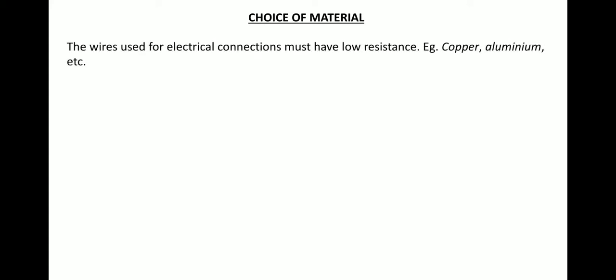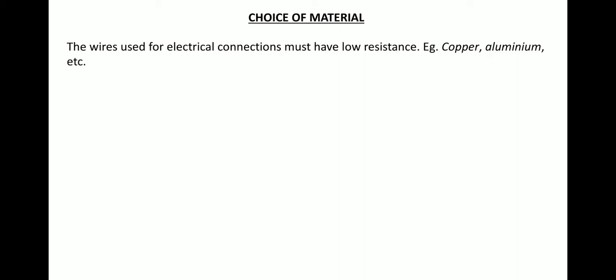Now for different purposes, we use different kinds of material. So it's a choice of material that we have to choose wisely for different purposes. Number 1, the wires used for electrical connections must have low resistance.